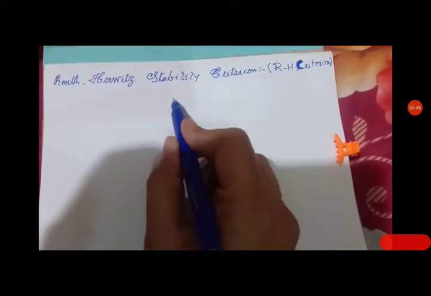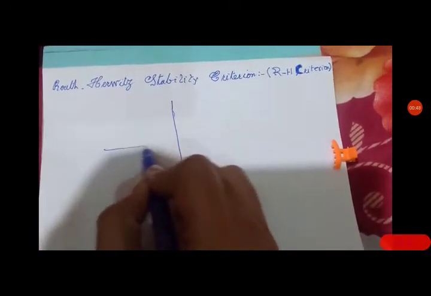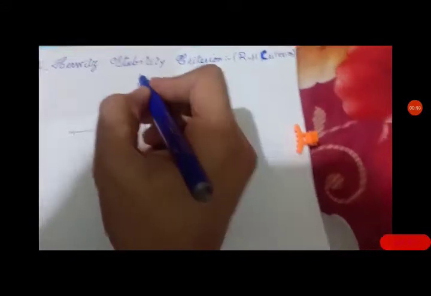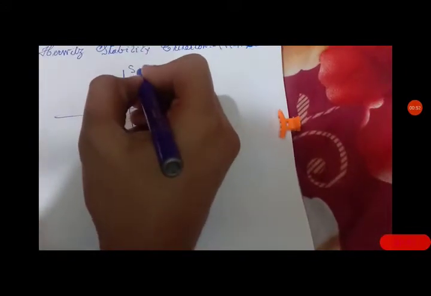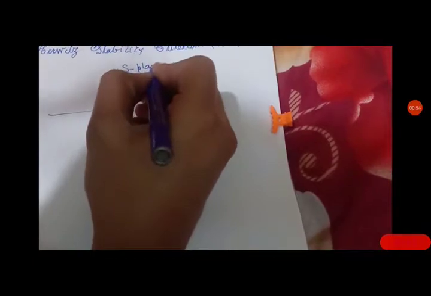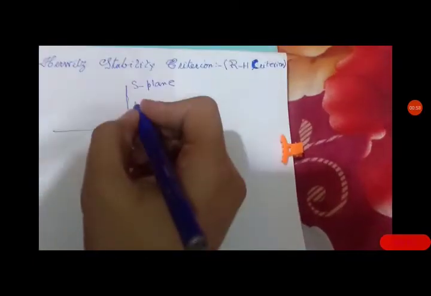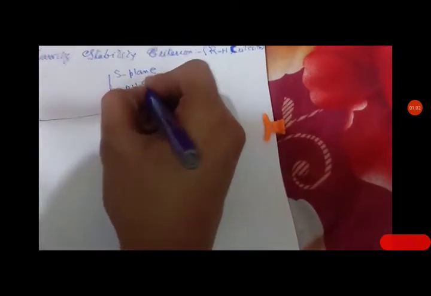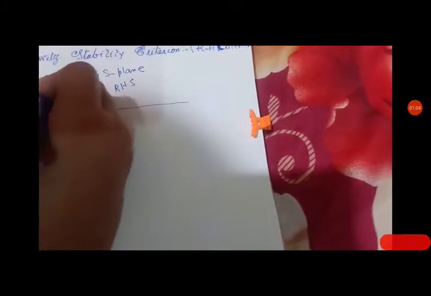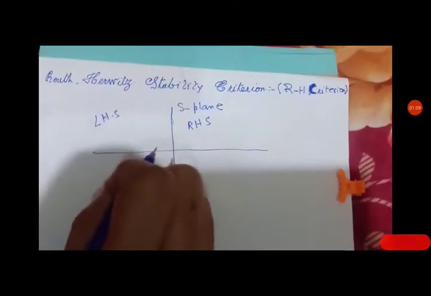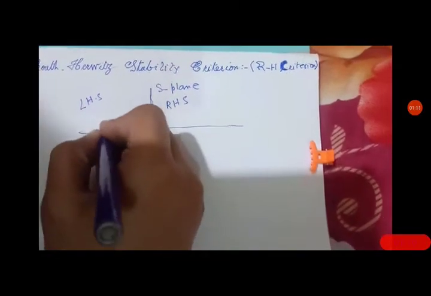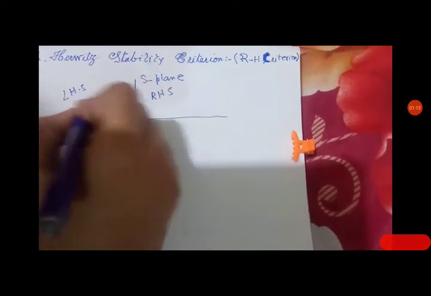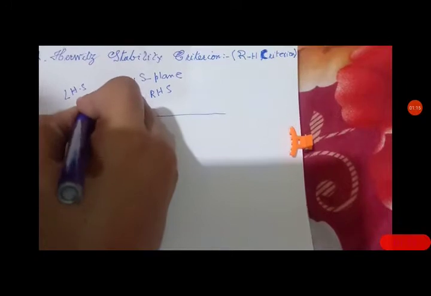So this is our S plane. Okay, this is our S plane. This is right hand side and this is left hand side. So if the poles of system lie on the left hand side, then the system is said to be stable.